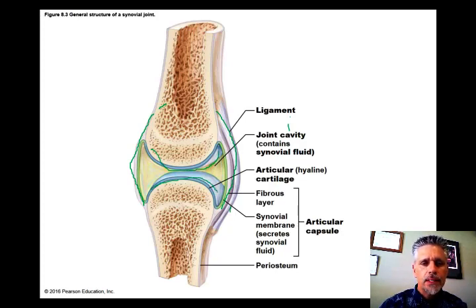Then what we have is an articular capsule. So the articular capsule is what we see here. That's our articular capsule. It's a fibrous layer, and then on the inner part of it, we have a synovial membrane that secretes all of this synovial fluid.